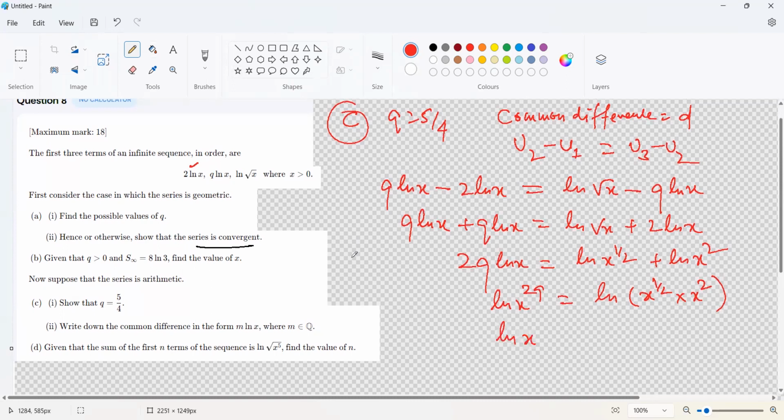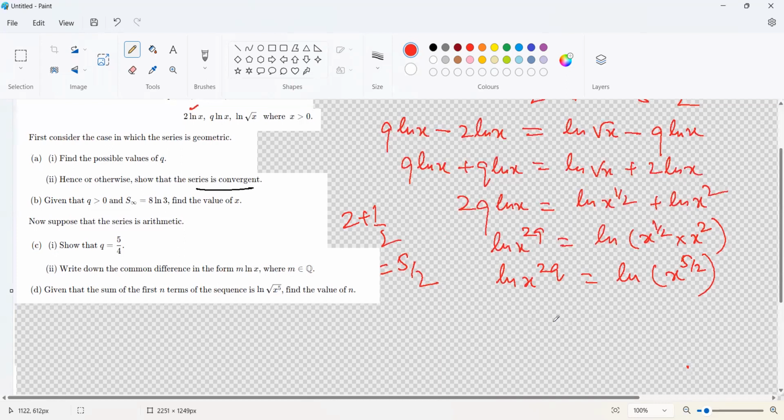So ln x 2q is equal to ln x raised to the power, add the power 2 plus 1 by 2. 2 plus 1 by 2 is 5 by 2. So therefore 2q is equal to 5 by 2, and q would be 5 by 4. This is what my q is.